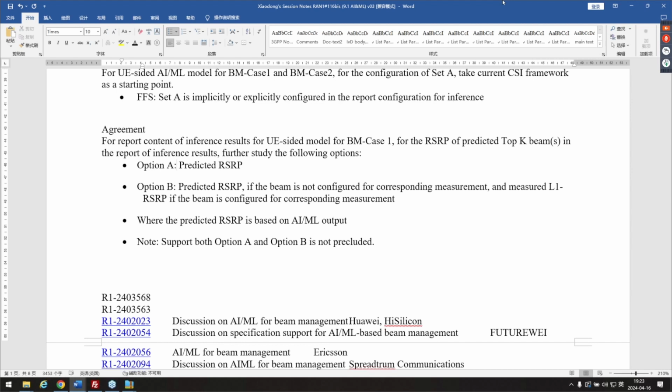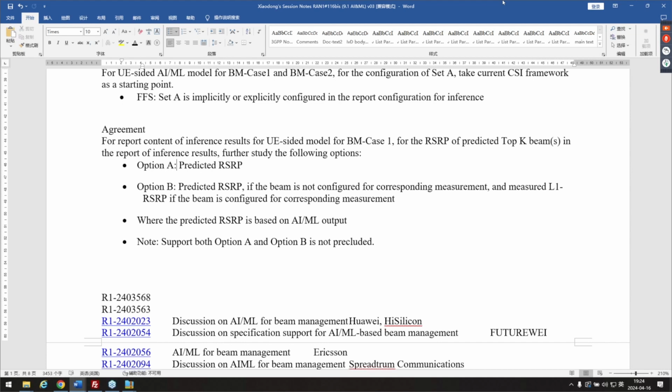As long as this resource or the beam has a corresponding resource to be measured, that's measured for option B. But the UE doesn't need the L1-RSRP of those beams for model input, right? Yes, but you probably still need to measure something, and make some choice on which one to put into the input. Anyway, this is a configuration for inference. The gNB will configure some resource for measurement, and if that happens to be the predicted beam, you just report this measurement rather than the predicted one. That's the whole intention.